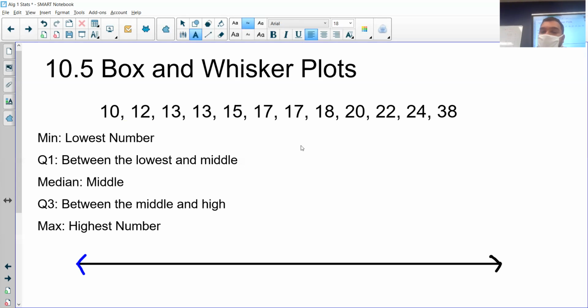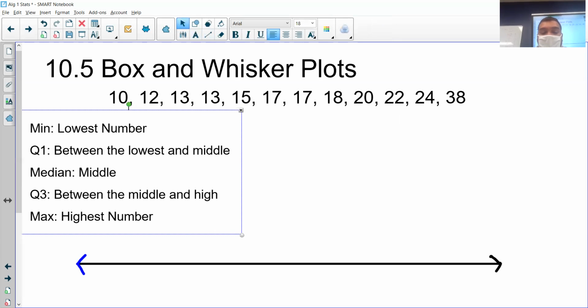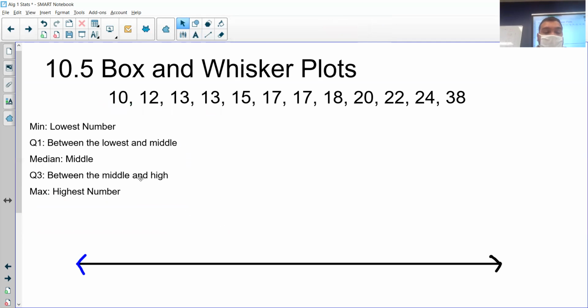Let me do the problem and I'll explain how the test questions work. First we're going to identify everything here: the minimum, the median, the max, Q1 and Q3. The minimum's pretty easy, 10. And the max is pretty easy, 38. Now we have to find the middle, right?